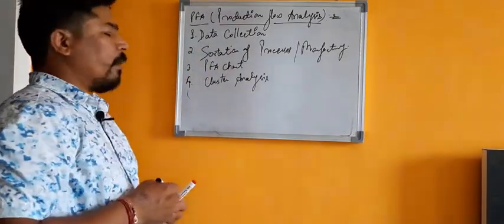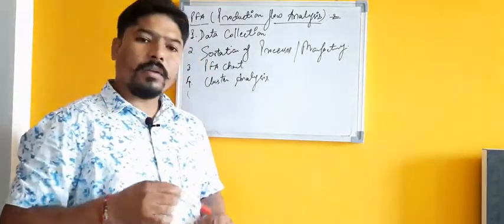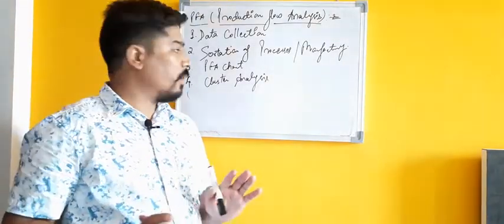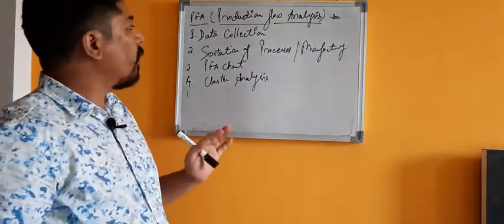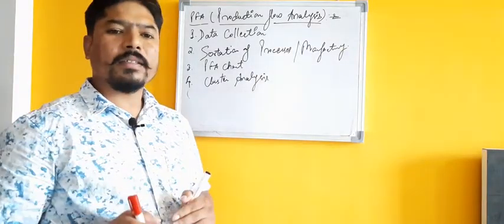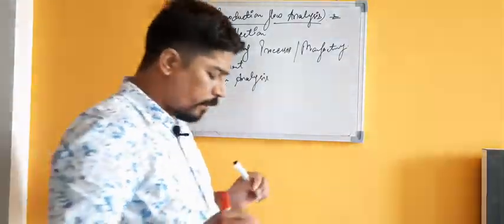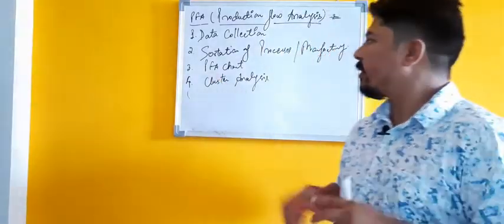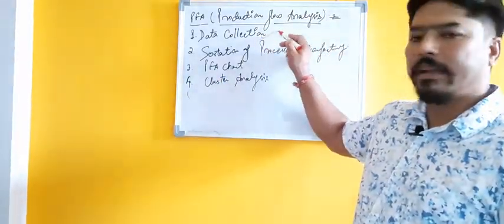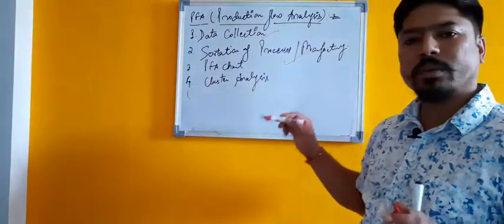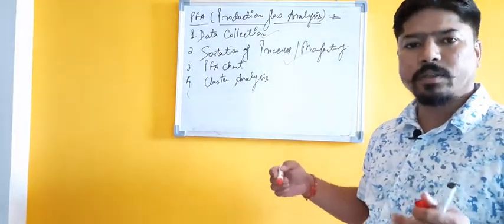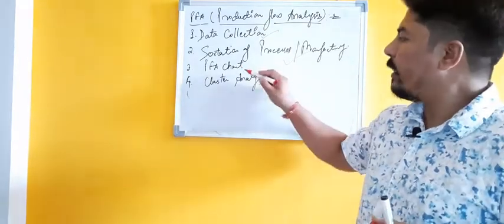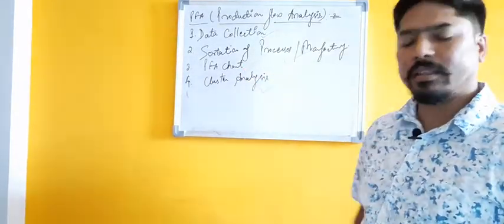Okay, my dear students, it's very important that while doing PFA analysis, production flow analysis of any plant or any factory, we need to follow these 4 steps: data collection, sortation of different manufacturing processes associated with those components, then PFA chart, and then cluster analysis.